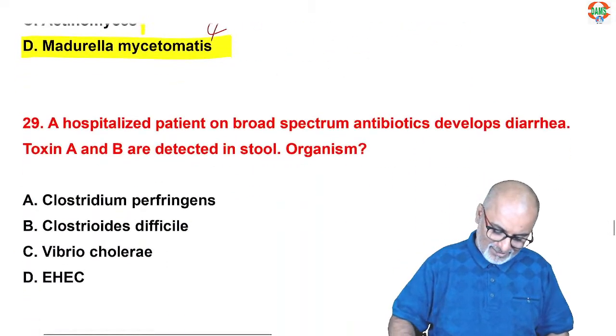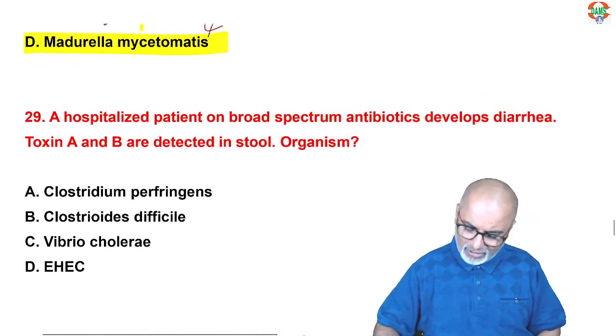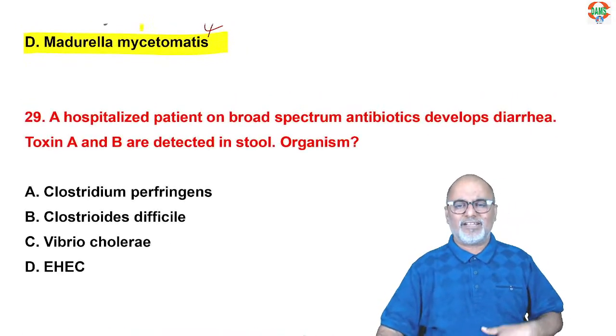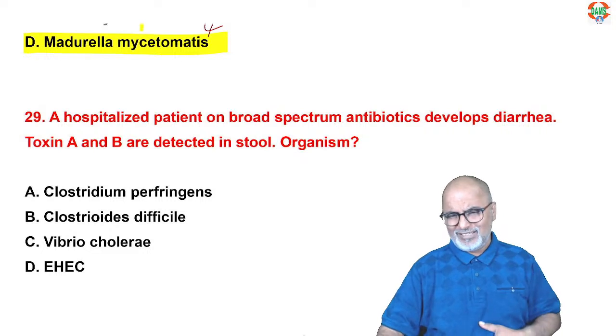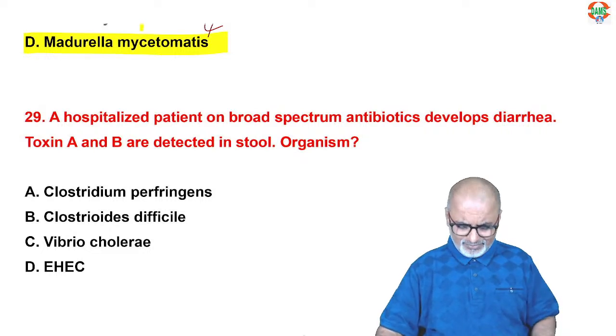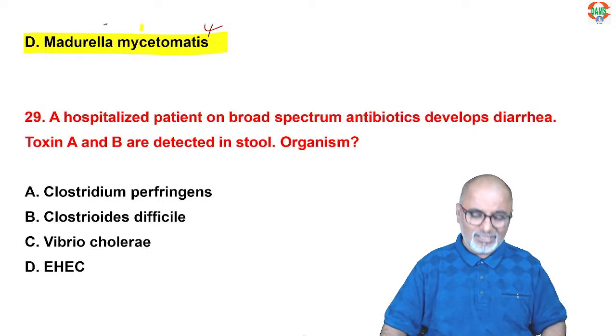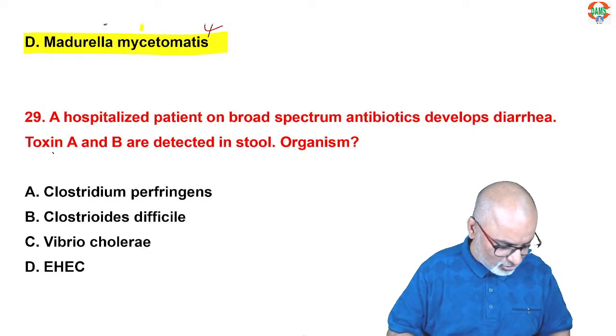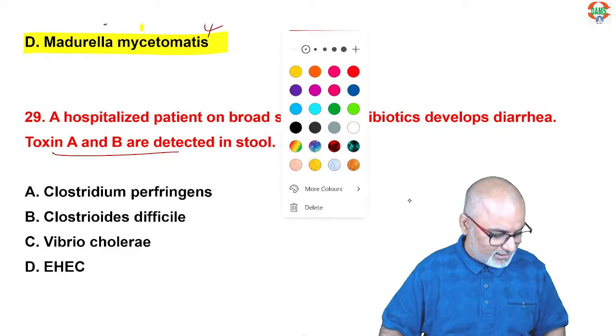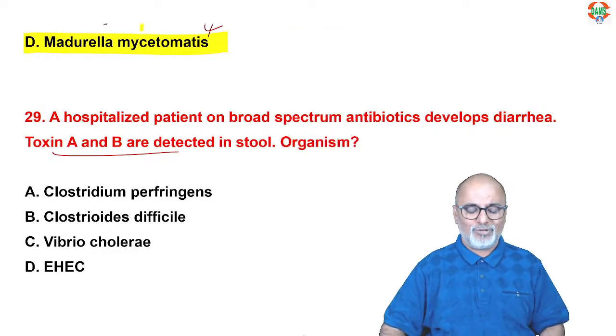Next, a hospitalized patient on broad spectrum antibiotic develops diarrhea. Keep on asking the question. You are in hospital, giving antibiotic to the patient. The patient develops diarrhea, and you are seeing toxin A and B. What is it?